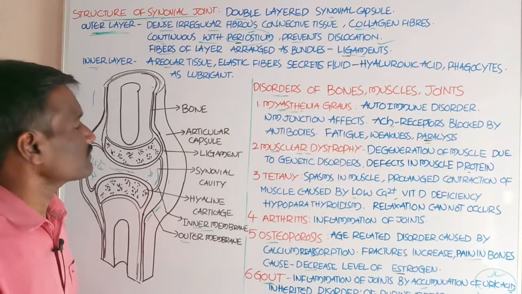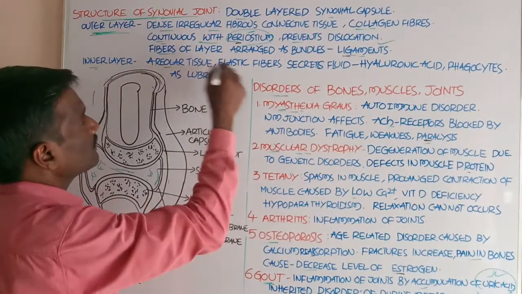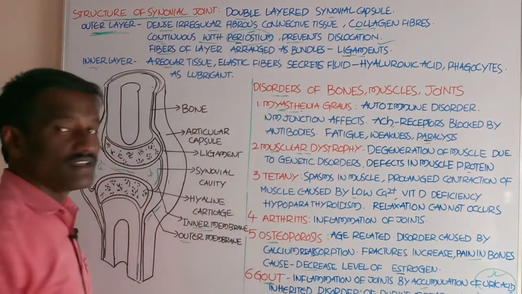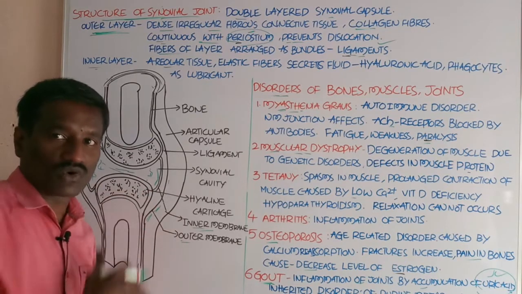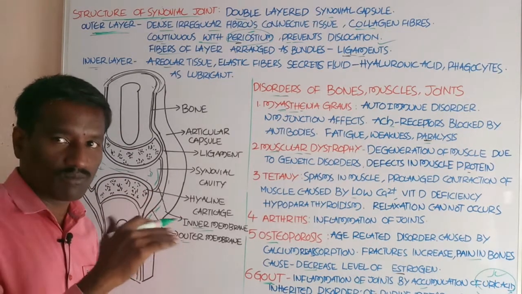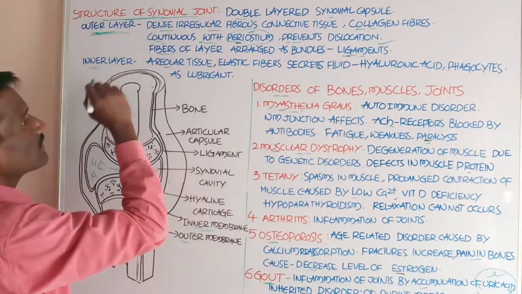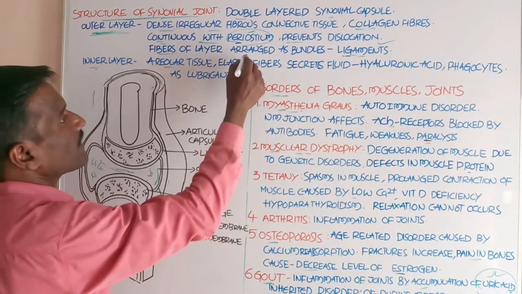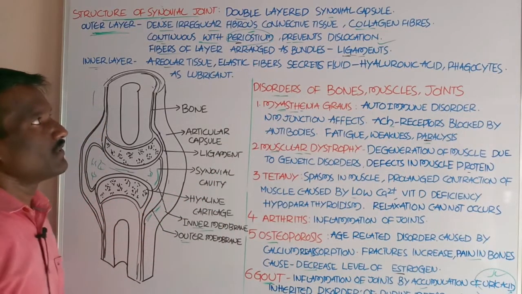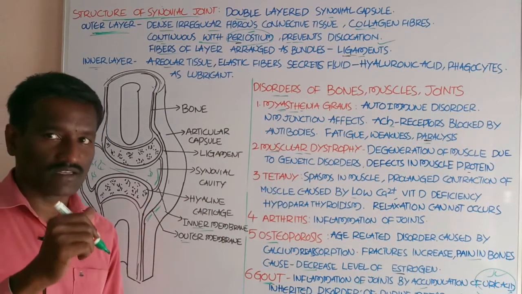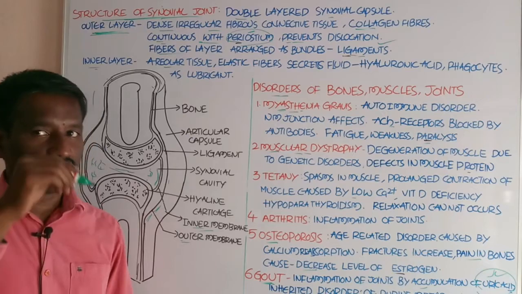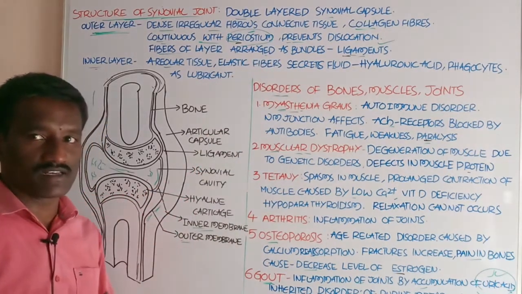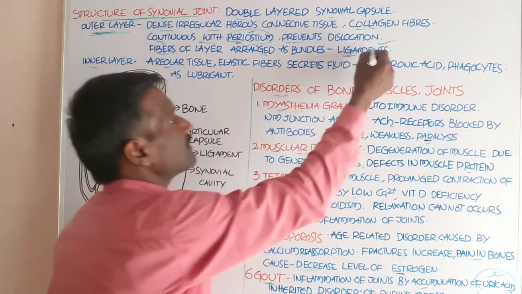Next, the outer layer prevents the dislocation of the bones. This layer consists of fibers arranged as bundles called ligaments.